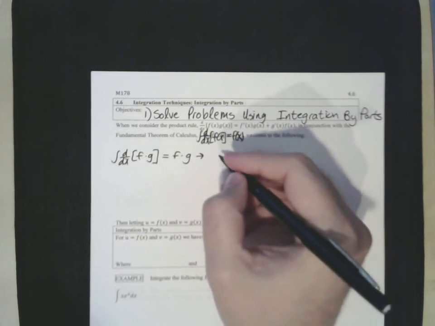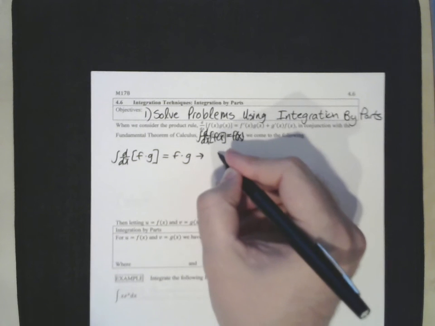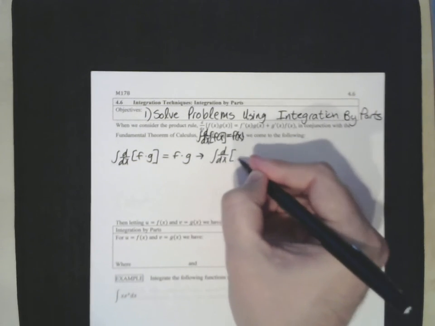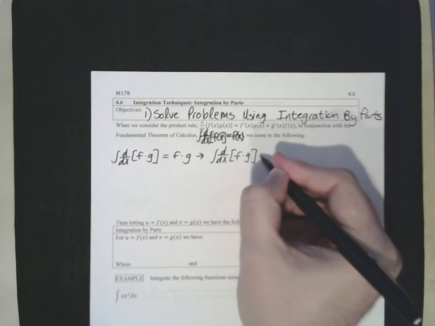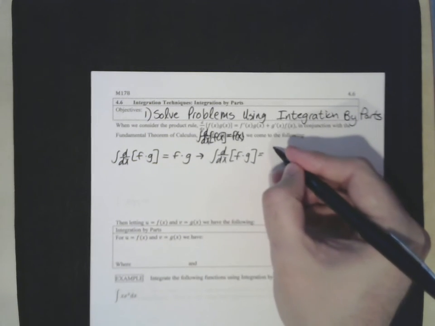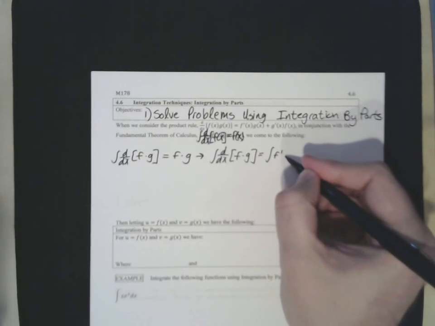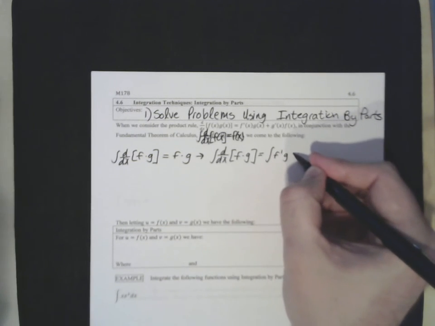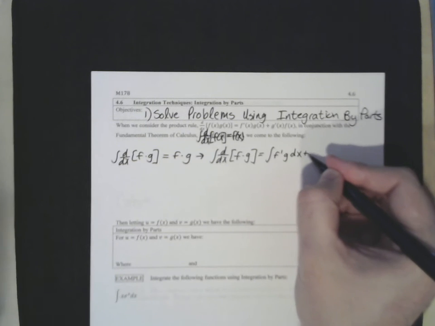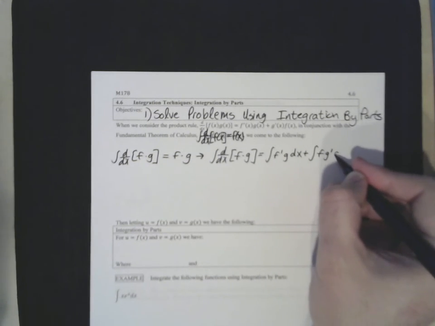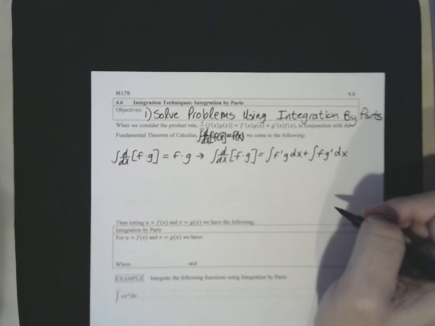And so we know that the integral of d dx of f times g also equals the integral of f prime times g dx plus the integral of f g prime dx.